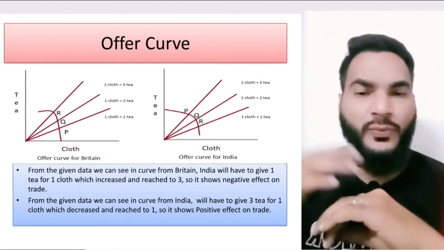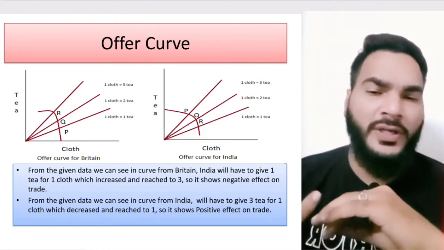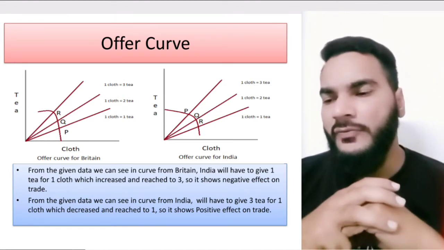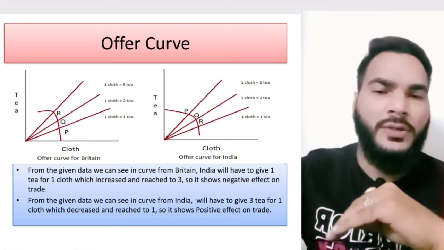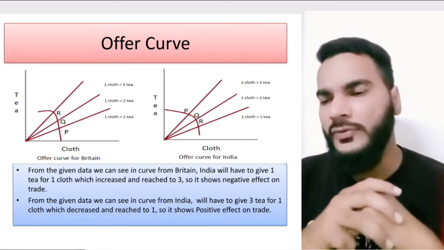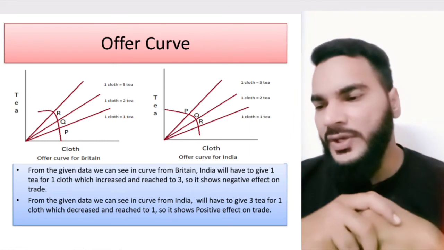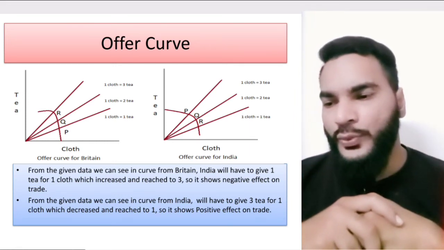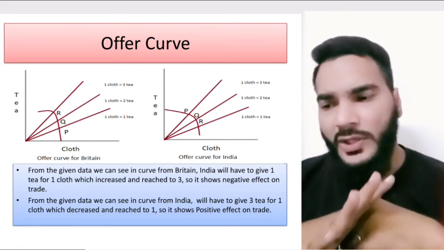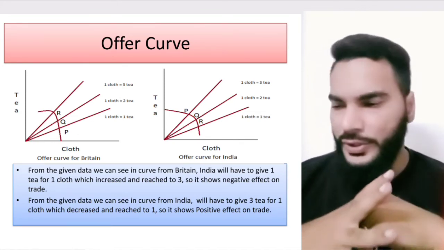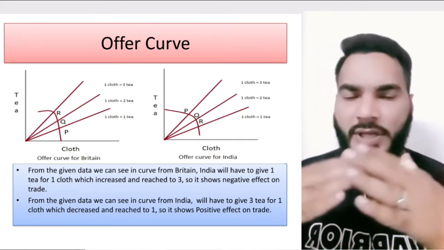We were supplying 1 unit of tea for 1 unit of cloth, then it reached 3 units equal to 1 unit of cloth. From the given data, India will have to give 3 teas for one unit of cloth, then that decreased and it came to 1 to 1.